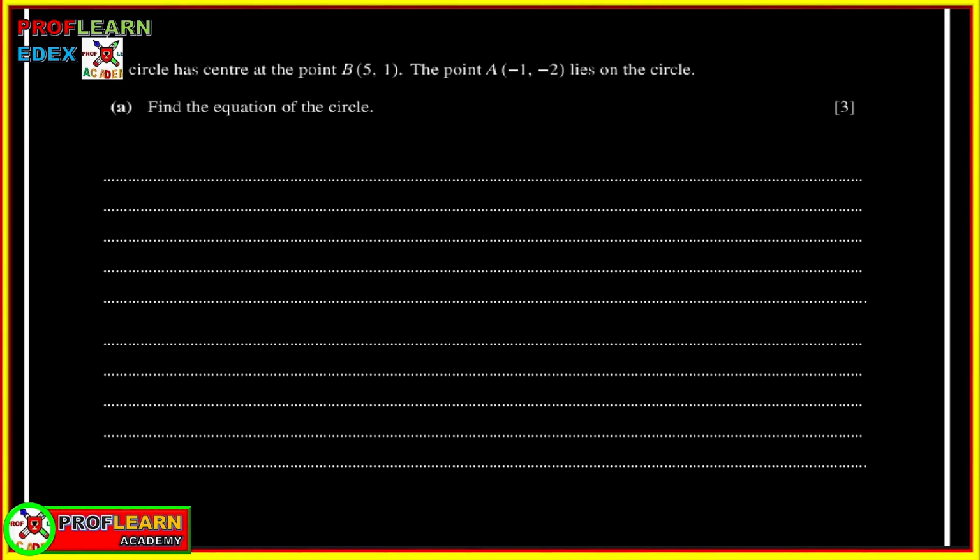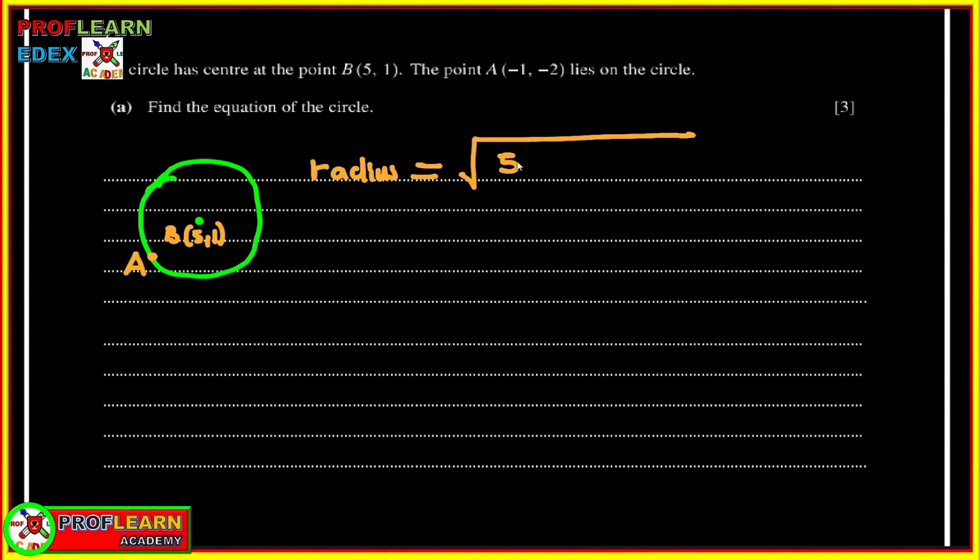So the first thing that we're going to do here, we need to find the radius of the circle. And the radius of a circle is obtained by finding the magnitude between B and A. We try to find the magnitude AB. So we were given the center there, and then we have a point on the circle, which is A here. So this is how we find the radius.